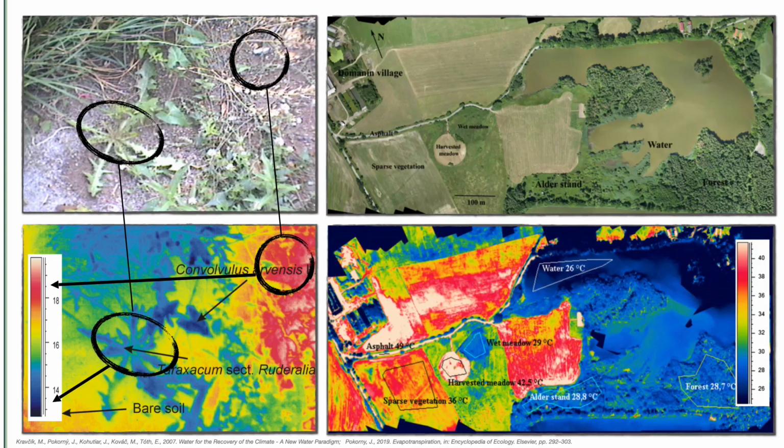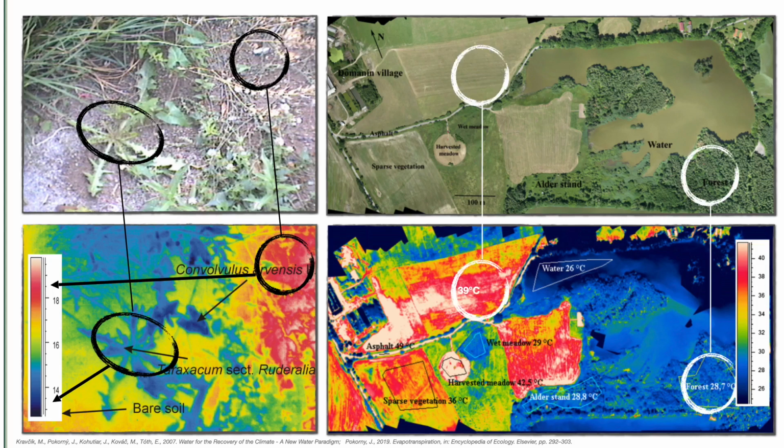Now, let's look at the situation on a landscape level. At the top, we find a normal photograph with a small landscape section. And below it, the same area can be seen as an infrared image. If we pick out this forest standing near the water here on the right, we find a temperature of 28.7 degrees.